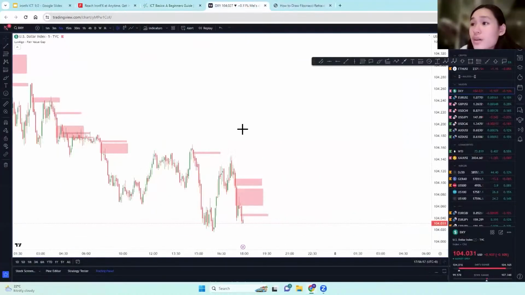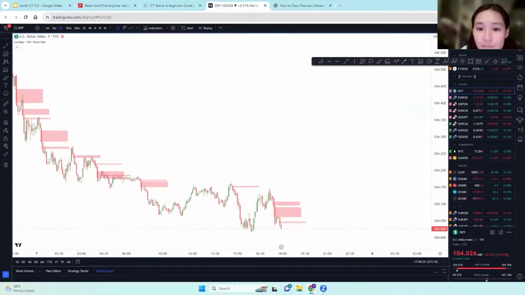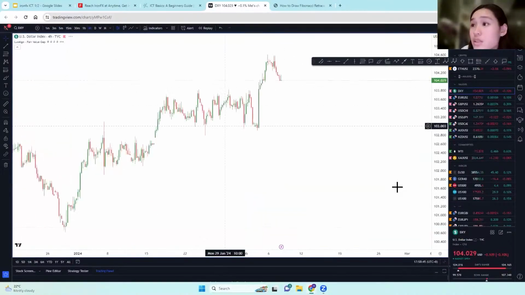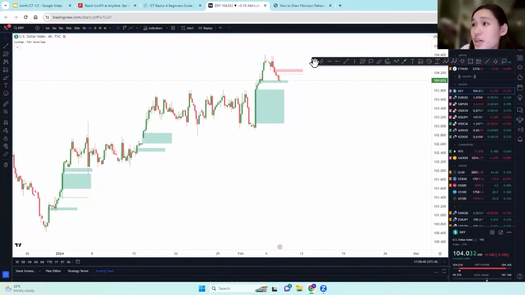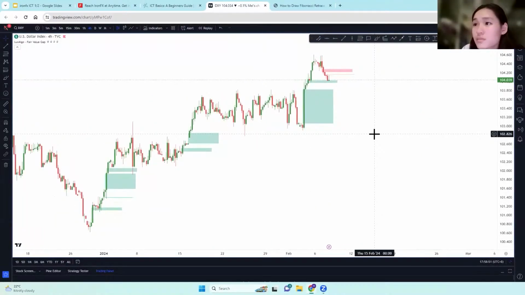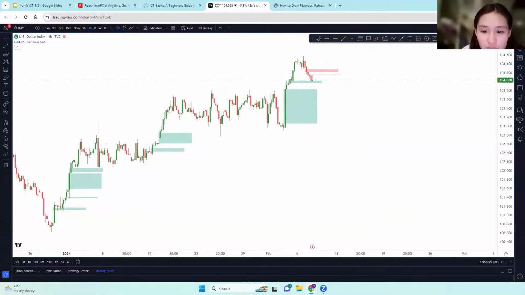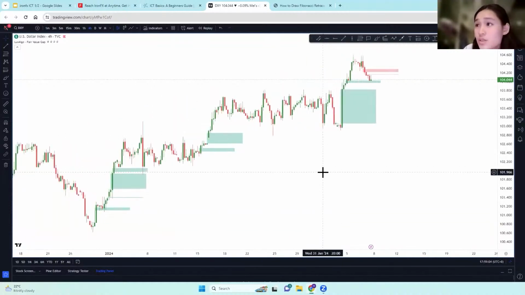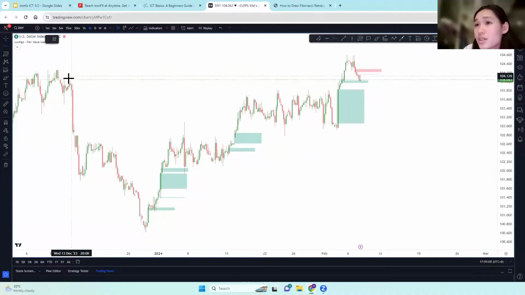Okay, let me go back here. If we go back to my chart here, you can see that our fair value gap is in this area here.